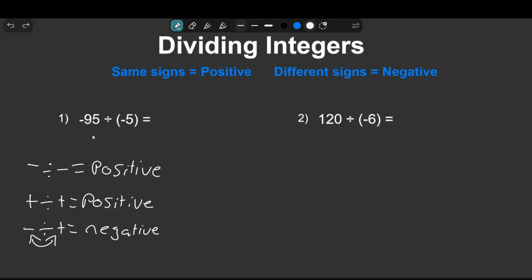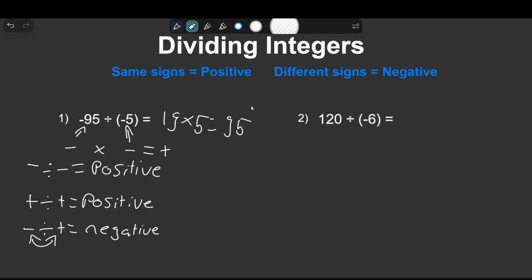We have minus 95 divided by minus 5. These are two negative numbers. Negative times a negative will equal positive. So our final answer of the first example will be a positive number, which is 19, because 19 times 5 equals 95.